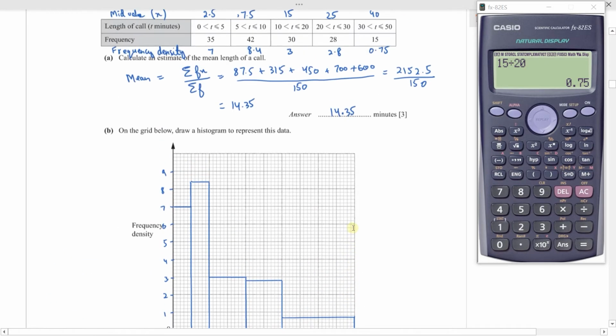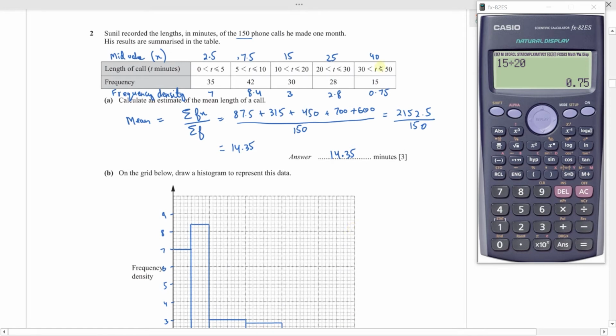So if we look at our table, how many calls are longer than 25 minutes? These 15 are definitely longer than 25 minutes, because the frequency 15 represents the calls which are between 30 and 50 minutes long. And then if you look at this class between 20 and 30 minutes, you have 28 calls.